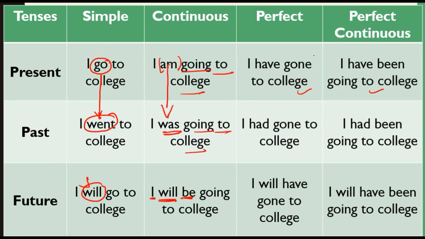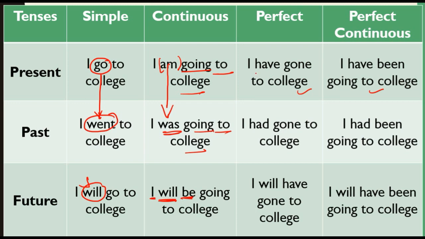For perfect tense, we had only two rules. The rules were we had to add have or has or had, and we went through three small tables which helped us decide whether to use have or has or had, and you can always refer to the tables until you become a pro.